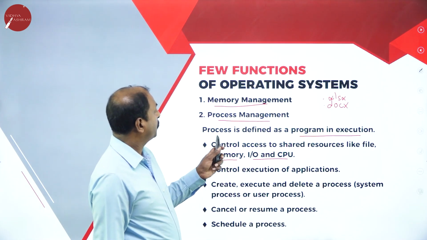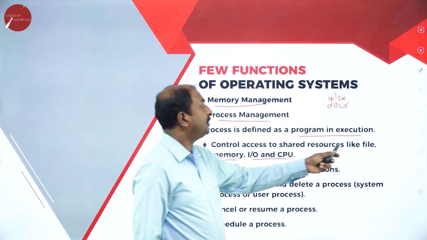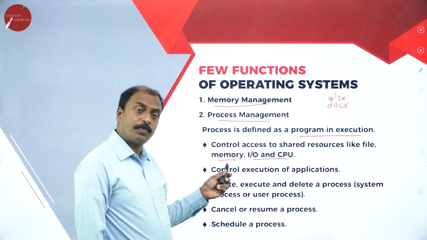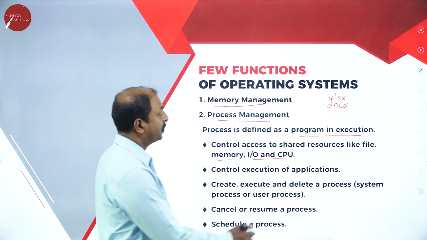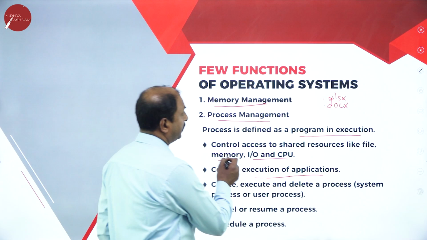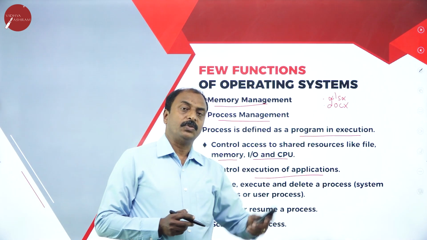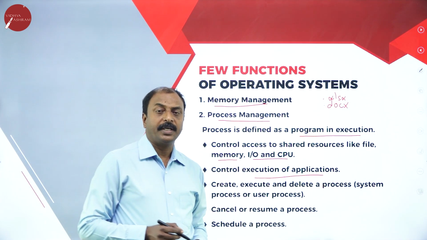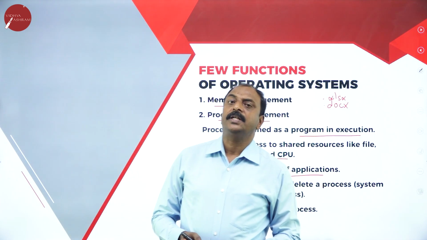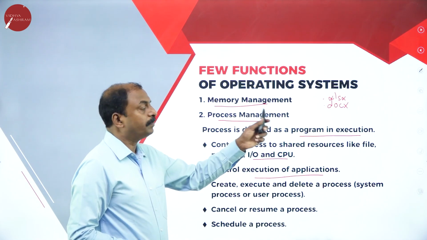With process management, the operating system manages these different types of processes in a computer, and controls the execution of applications. So it controls which applications are to be executed and when they have to be executed. All these are controlled by process management.